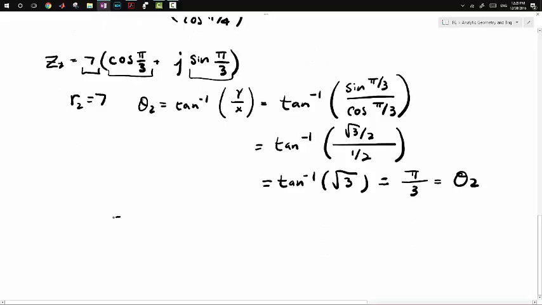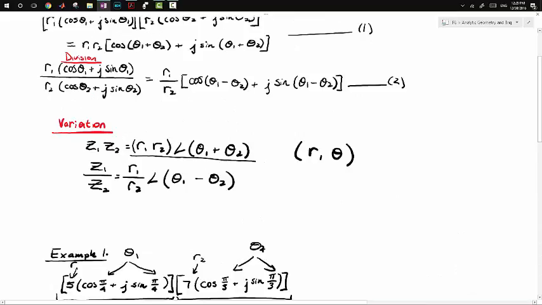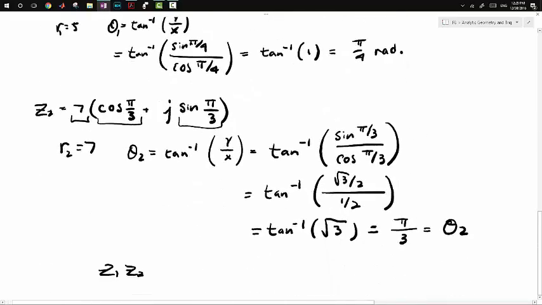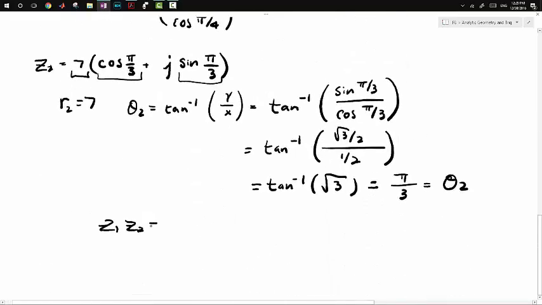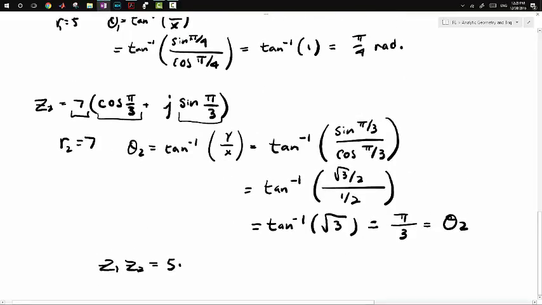So then Z1 times Z2, according to this equation here, is basically just our radius 1, which is known to be 5, times radius 2, which is 7. And the angle is going to be the sum of theta 1 and theta 2.